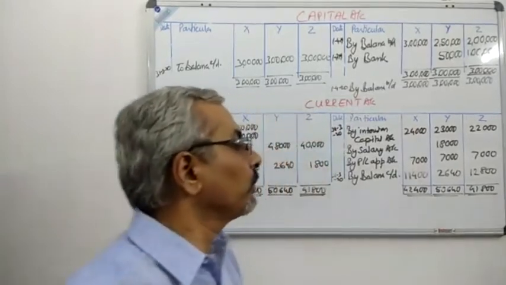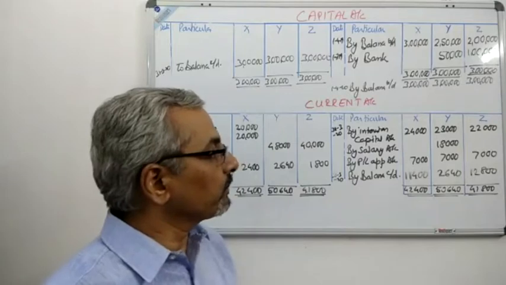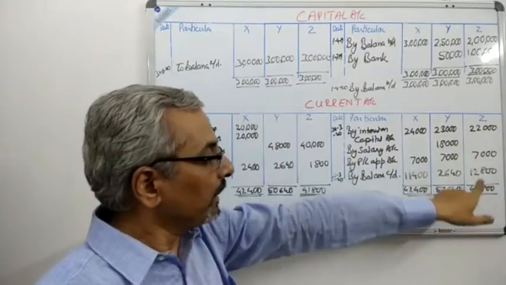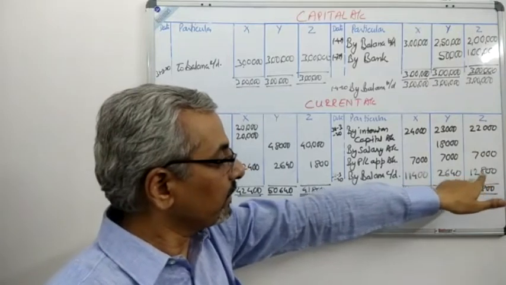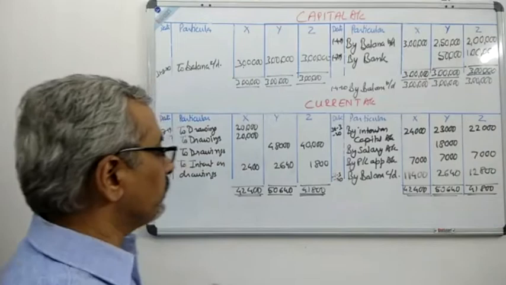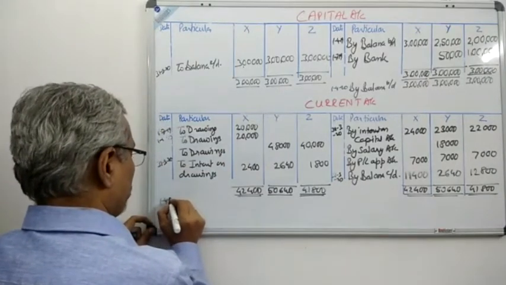I hope this calculation is very clear to everybody. If you can see over here, 22,000 plus 7,000 is 29,000. 29,000 plus 12,800 gives you how much? 41,800. So this balance will now be brought forward on 1st of April 2020.